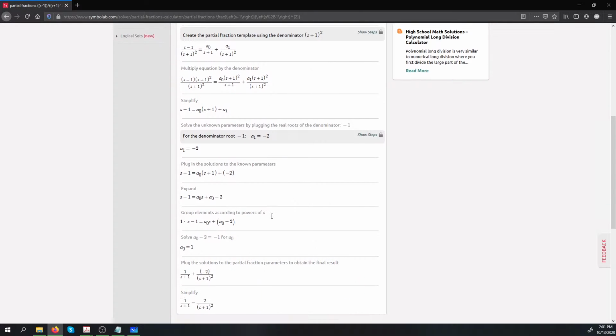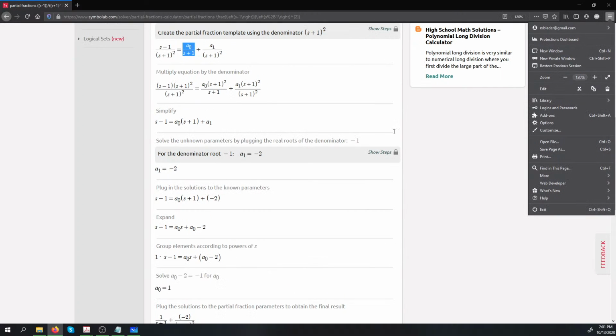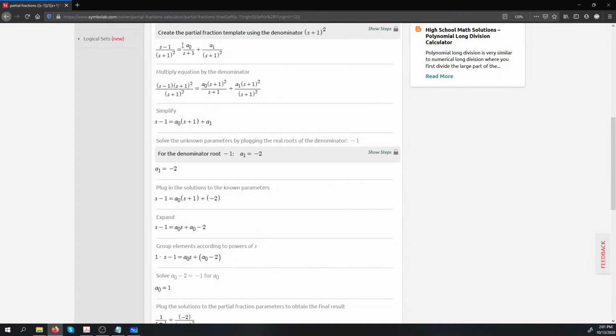And basically see that a naught here, zoom in a bit. So that resolves into a naught over s plus 1 plus a1 over s plus 1 all squared. a1 here will resolve to minus 2, and a naught here will resolve into a value of 1.